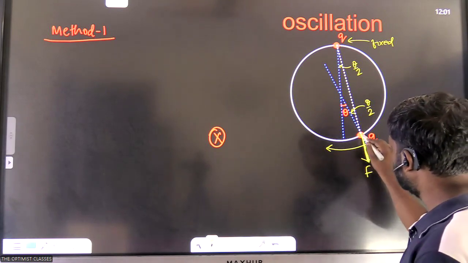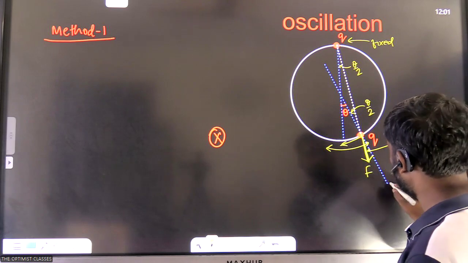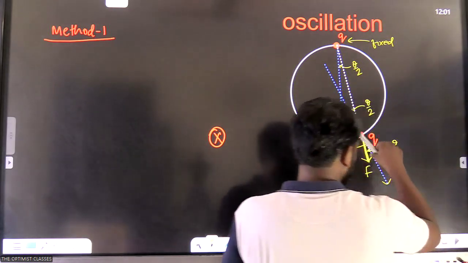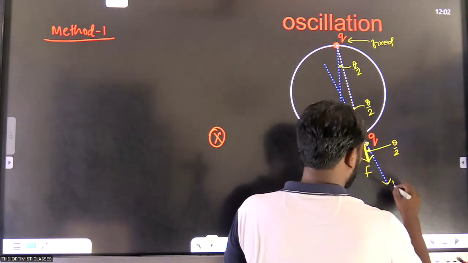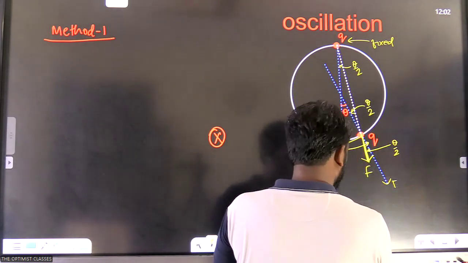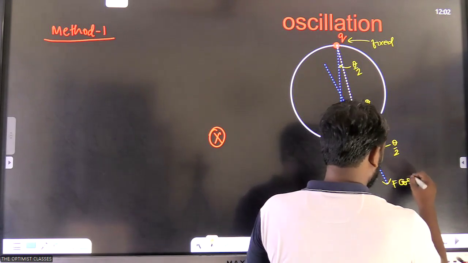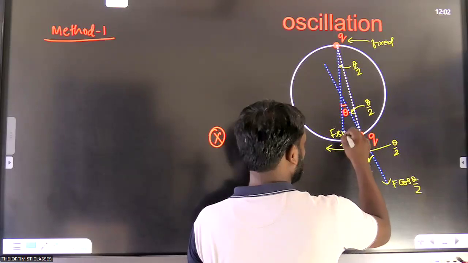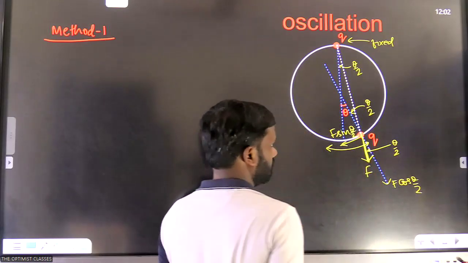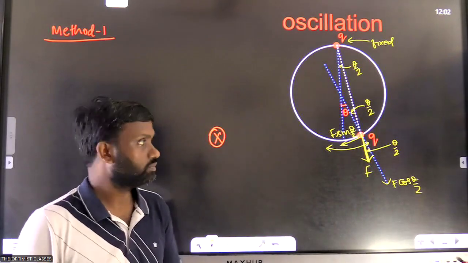If you resolve the force in the normal direction and the tangential direction, it will come out to be F cos theta by 2 in one direction, and F sine theta by 2 on this side.